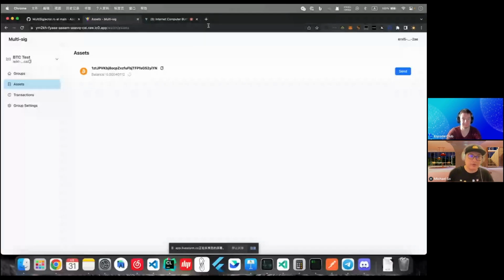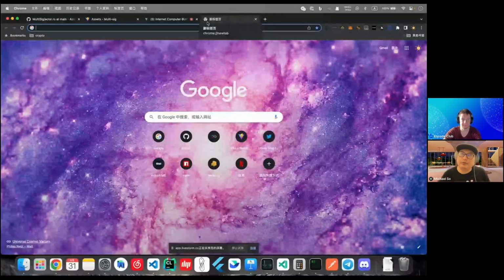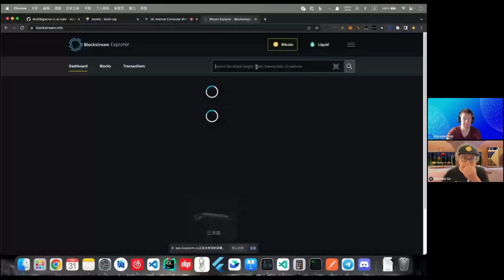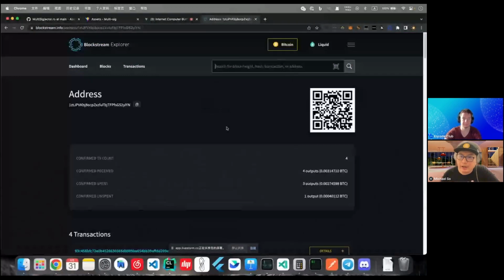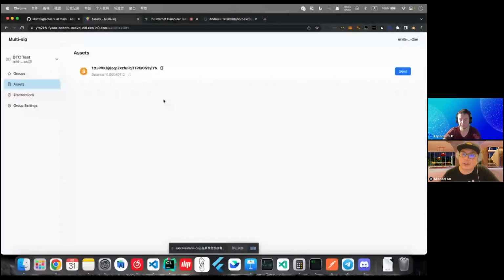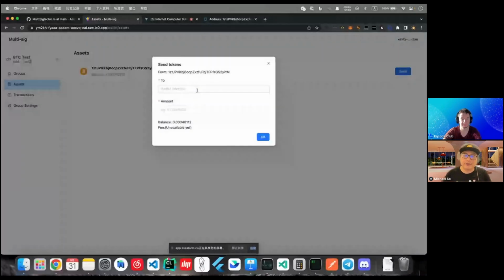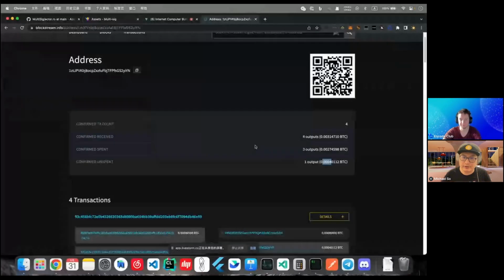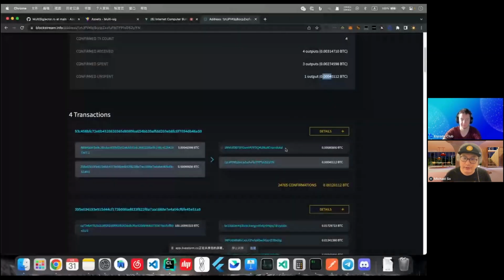Let me go through Blockstream. Here I have this amount of Bitcoin, matching this amount. Because I'm the owner of this wallet, I can send to a certain address. Let me just copy an address like this one, for example, or just this one.